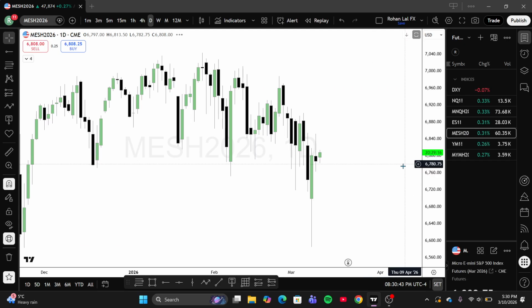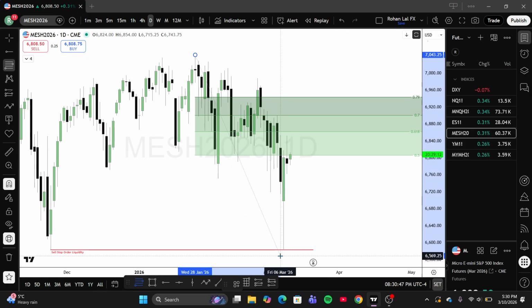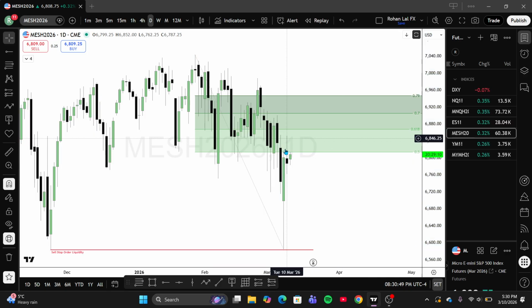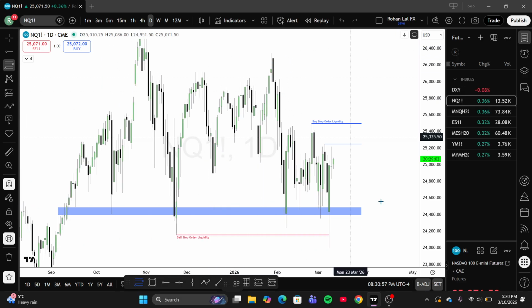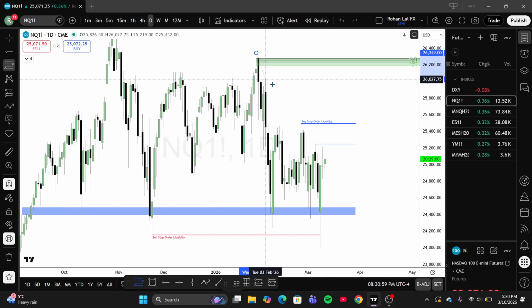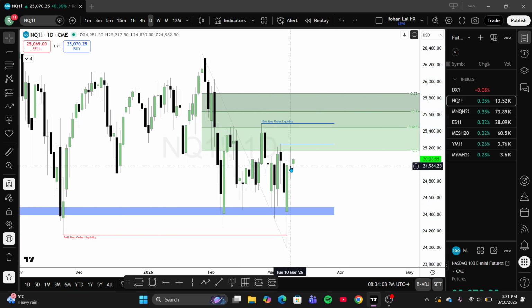If we look at the ES, right, we're a little bit higher in premium. We actually reached the equilibrium level, so we could see consolidation here on ES. The NASDAQ, if we look at the range high to range low of this swing, we've traded into equilibrium and we've rejected. So I want to see if price can trade back into that premium.